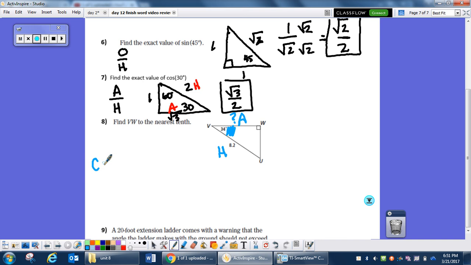So if you set up your proportion, A and H means you're using cosine of 34 equals x over 8.2. So I will leave you to solve this because I believe 99.9% of you can solve that. Just make sure you're rounding to the nearest tenth.